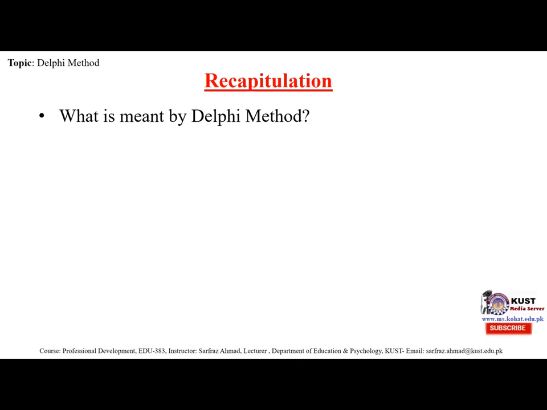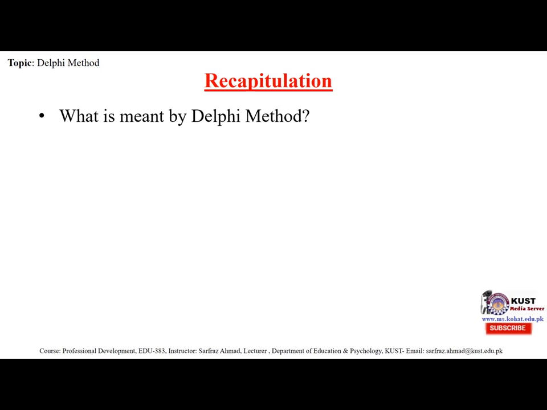So we can say that the Delphi method is a forecasting process framework based on the results of multiple rounds of questionnaires sent to a panel of experts. Several rounds of questionnaires are sent out to the groups of experts, and the anonymous responses are aggregated and shared with the group after each round.